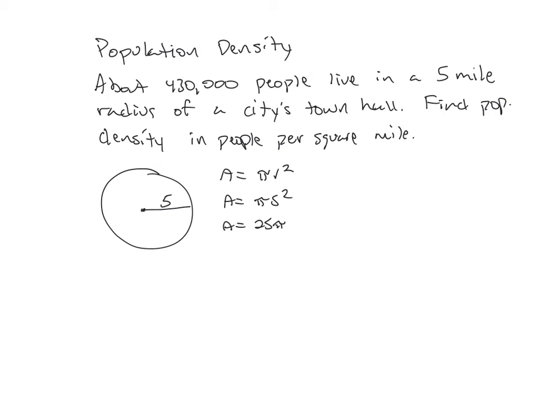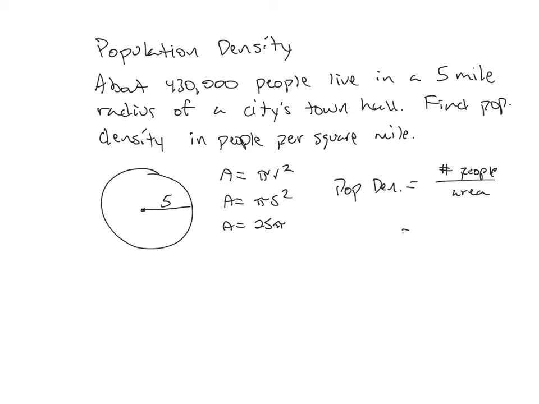Okay, and then there's this formula: population density equals the number of people over the area. So you might have even said, okay, if the area is 25, when I read the problem, I'm just going to divide.